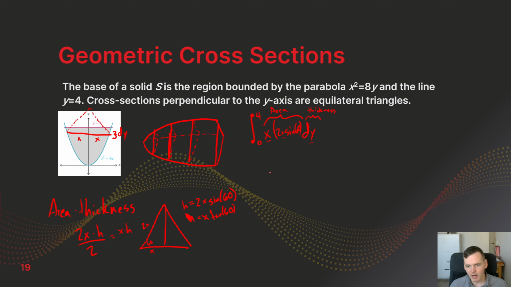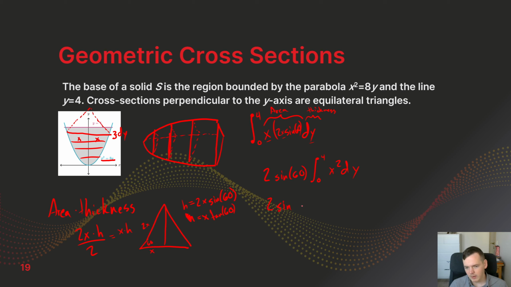Now we're just trying to figure out how we're going to actually integrate. So I'm going to start by pulling out all of my constants, and we'll deal with those at the end. Integrate from 0 to 4 of x squared dy. So now the question is, how big is x? Well, we know that x squared is equal to 8y is going to be our curve. So each of these slices, depending on where I am with the y value, I'll get a given x value. The nice thing is it's already written in terms of x squared.